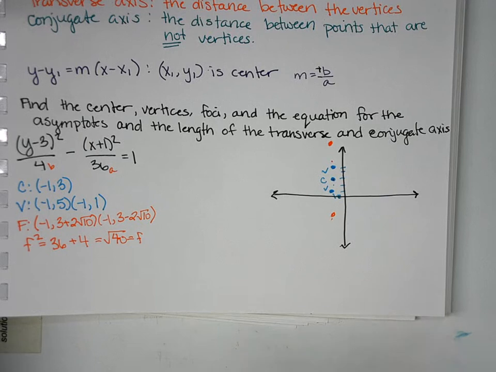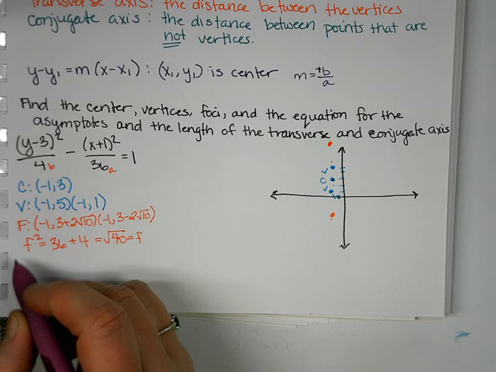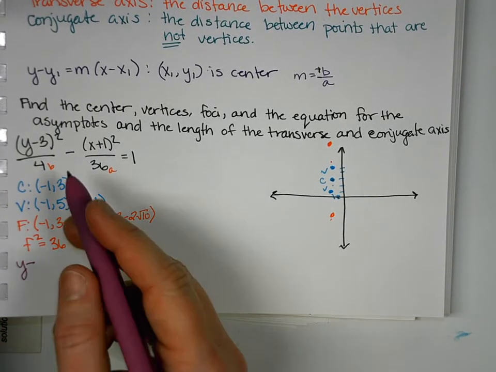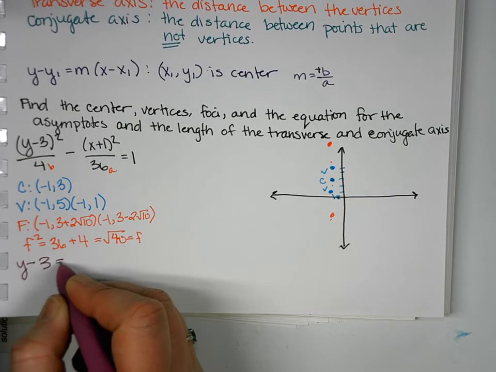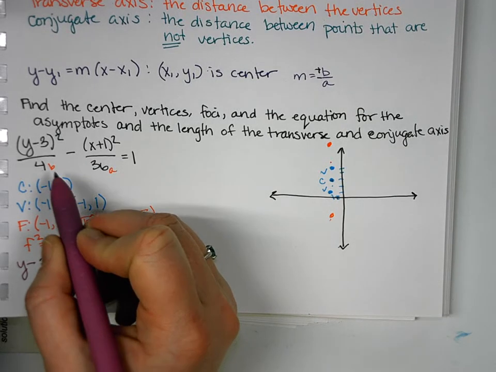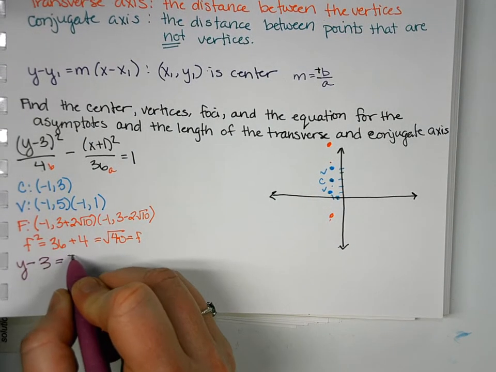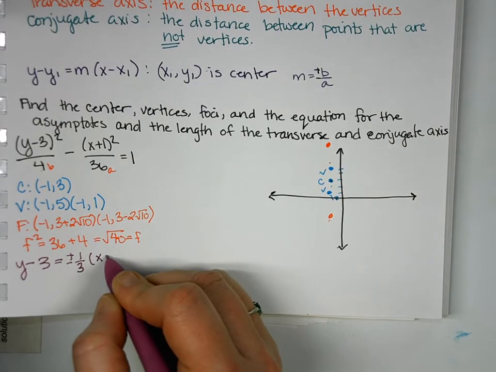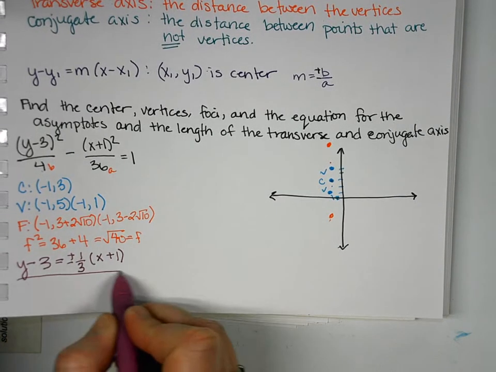For the asymptotes, the equations you can find by doing y minus, now our center was (-1, 3), so y - 3 equals our slope, which in this case would be b over a, so 2 over 6, which reduces to 1/3, so plus or minus 1/3 (x + 1). So these would be the equations of our asymptotes.